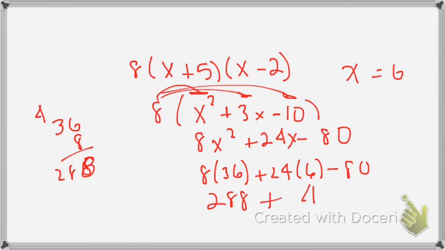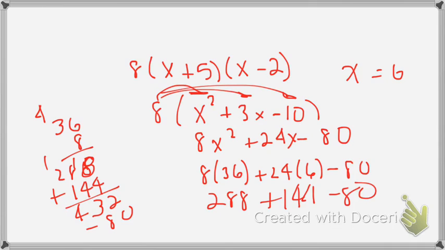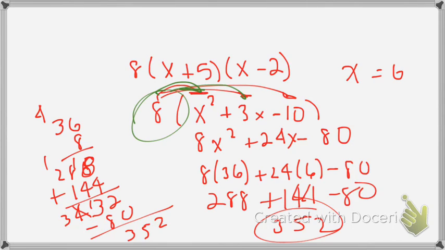Plus 24 times 6, carry your 2, 144. 288 plus 144 is 432, minus 80. If I work through all the math, 2 minus 0 is 2. I have to borrow here. 352. So I forgot to distribute this 8 to each term. I did it to the first two terms, but not the third term.